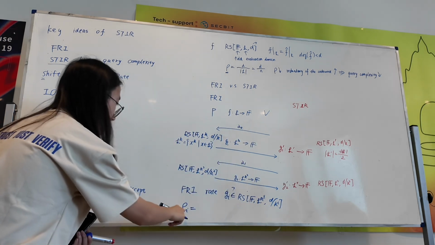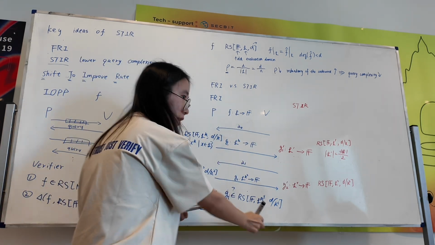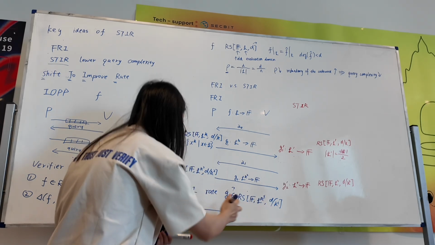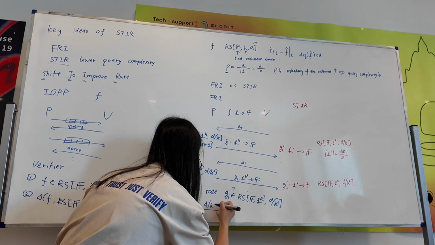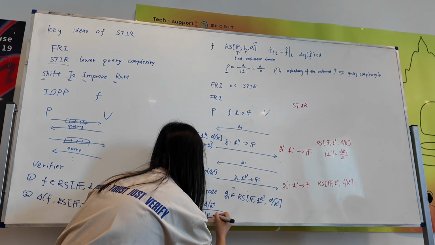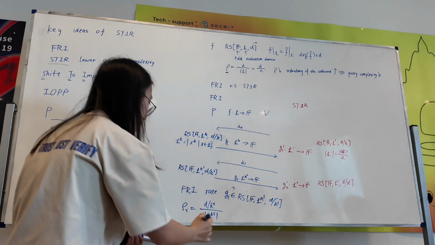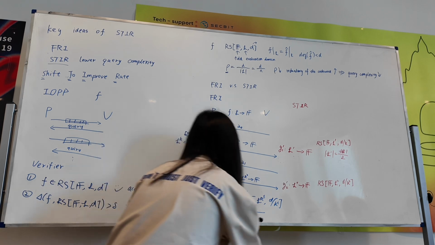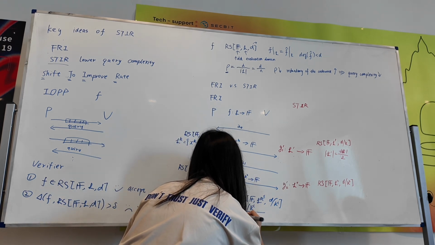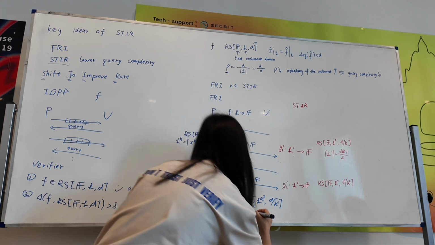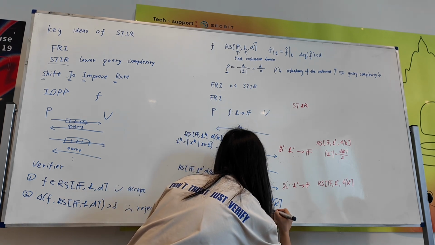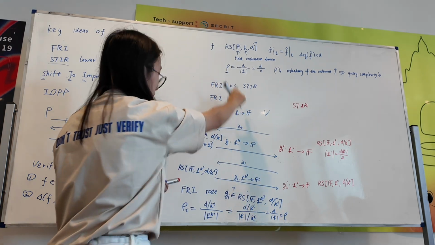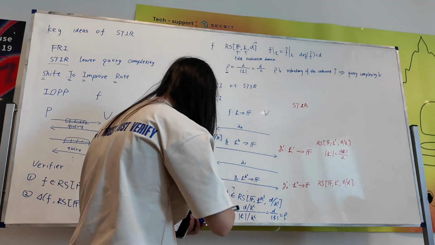So rho_i is the degree over the size, which is d over k^i divided by the size of L over k^i. So it is equal to d over L, the same as the rho from the first step.